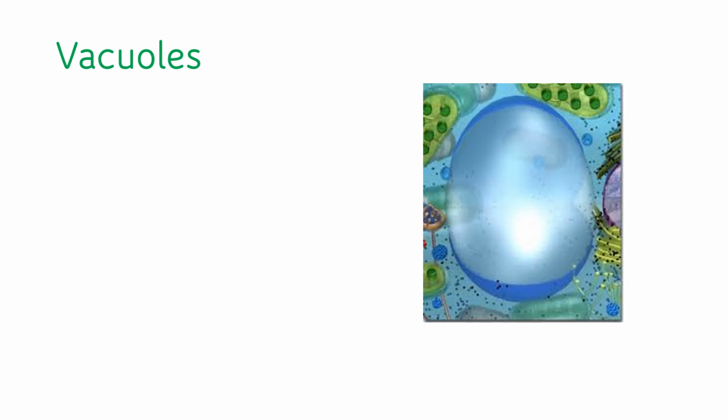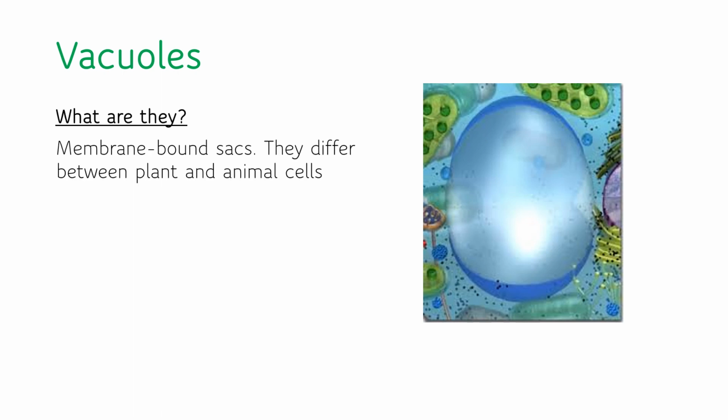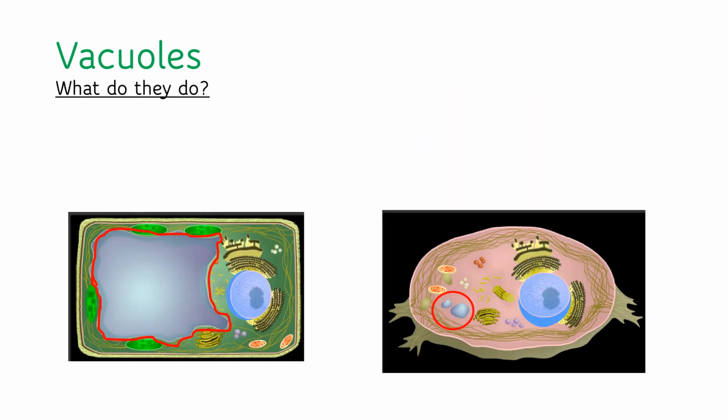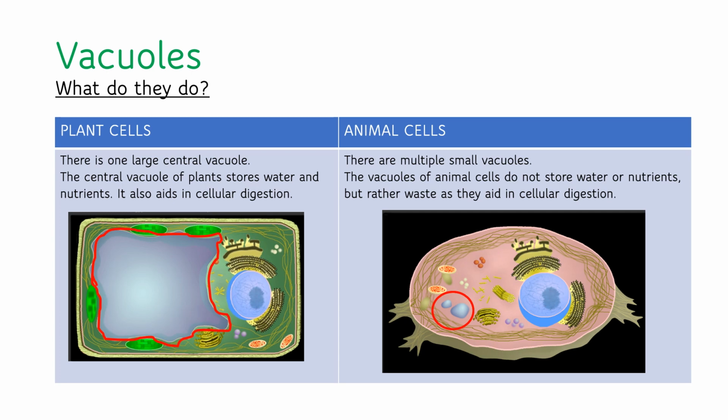Next, we have vacuoles. They are membrane-bound sacs that differ between plant and animal cells. So they're found in both, but they are different. In eukaryotic cells, obviously, because they are membrane-bound. Vacuoles, so what do they do? In plant cells, there is one large central vacuole, and this central vacuole stores water, nutrients, and also aids in cellular digestion.